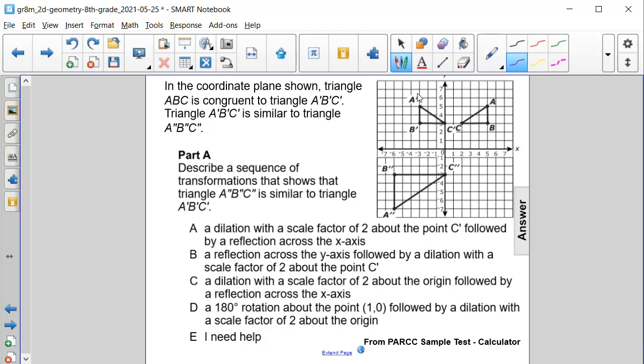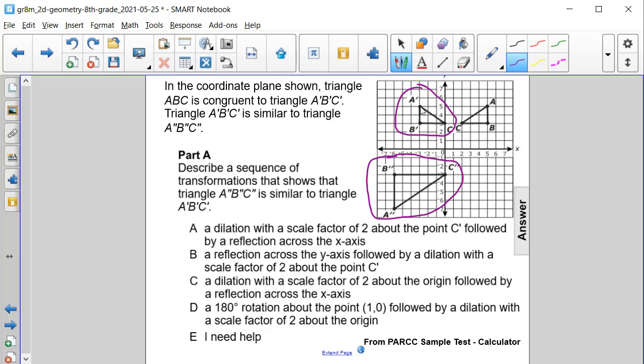So what we're doing is going from this triangle to this one. If we look, we're going from smaller to bigger, so we're doing a dilation.